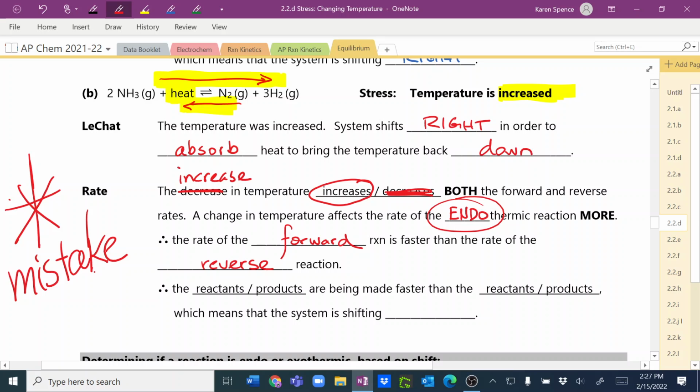Did we follow that? Yeah? And therefore, who's being made faster? Products are being made faster than the reactants, and therefore the system is shifting to the right.